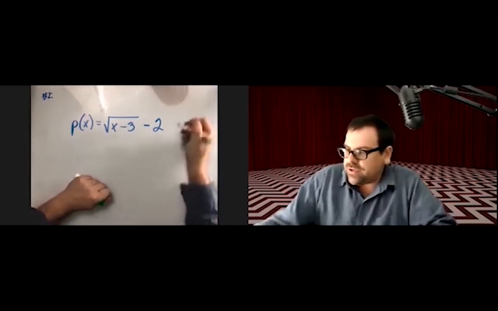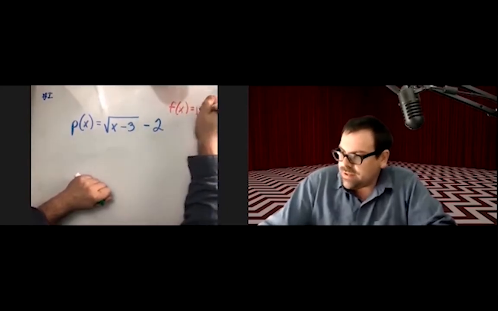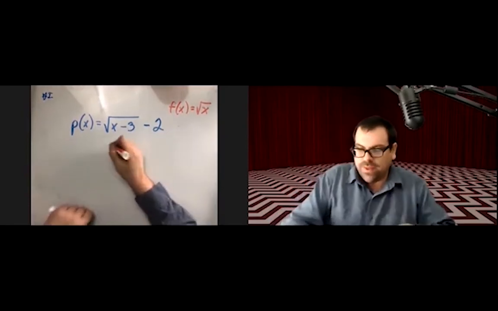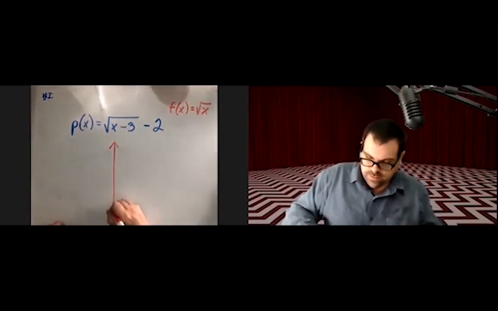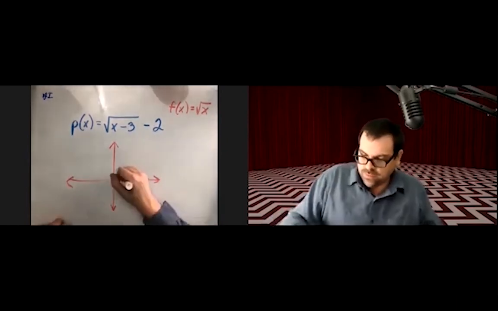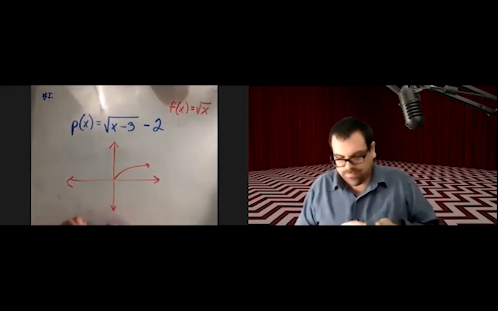Well, the parent function, f of x, that's going to be the square root of x. And we know what that looks like. The square root of x looks like this.